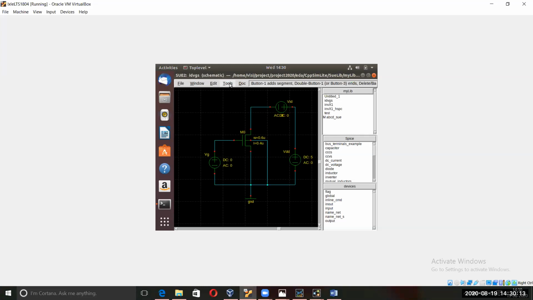Then go to the tools. Now we have done the circuit; the first step is over. Then what do we have to do? We have to create the SPICE netlist with the top cell, because we are including this subcircuit under the SPICE netlist. So we will do it with the top cell, the last option. This is convenient.